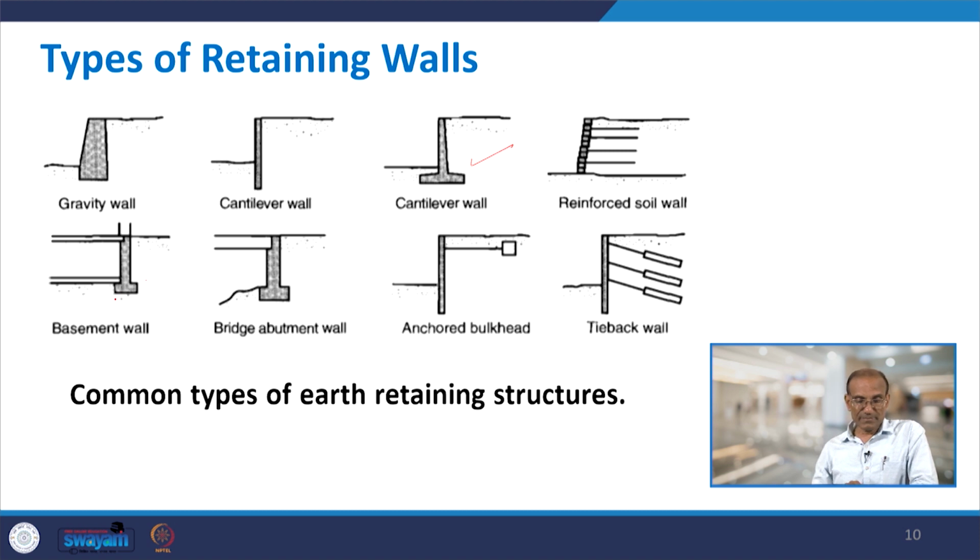Then you have the bridge abutment wall. In the bridge abutment wall, this side you have the soil and on another side you have the abutment. Here you could have water or maybe free space on this side. So, one side it protects the earth, another side it could be open or maybe water bodies might be there. Then anchored bulkhead, which is anchored on the top and this side. Then tie back wall. So, these are the different common types of earth retaining structures used.